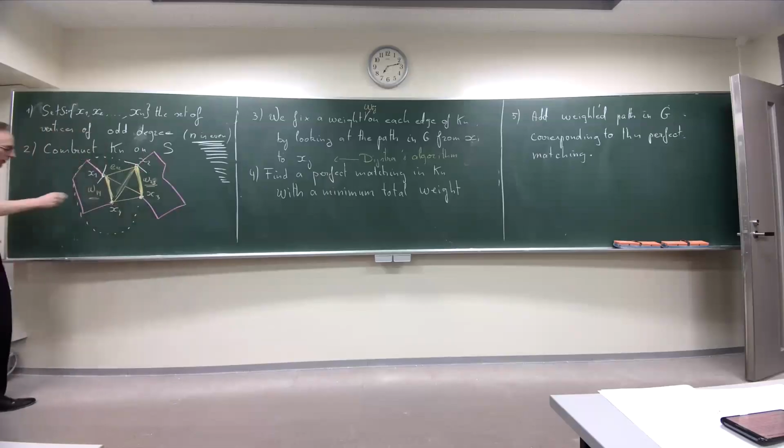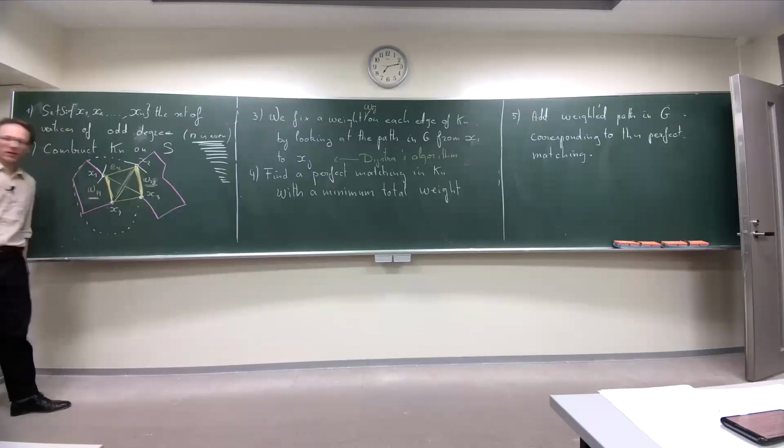It exists because I computed this number based on a path from this guy to this guy with a minimal weight and from this guy to this guy with a minimal weight.